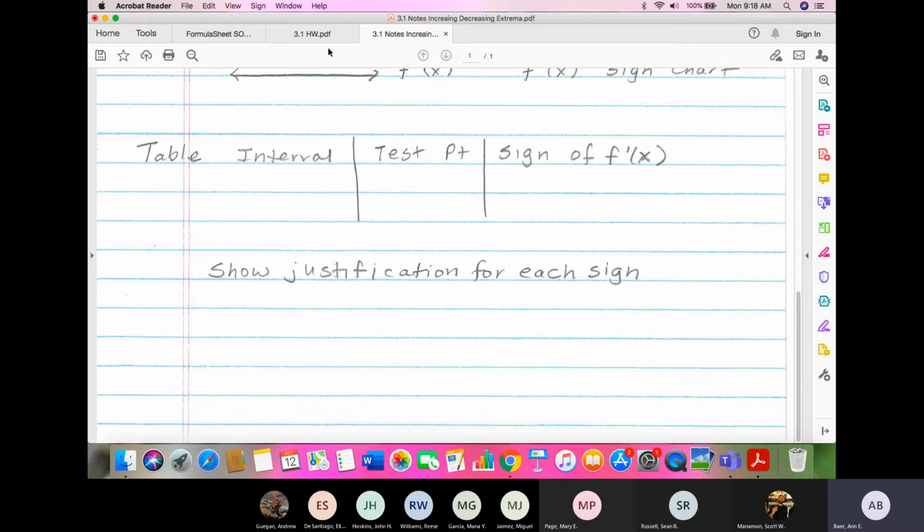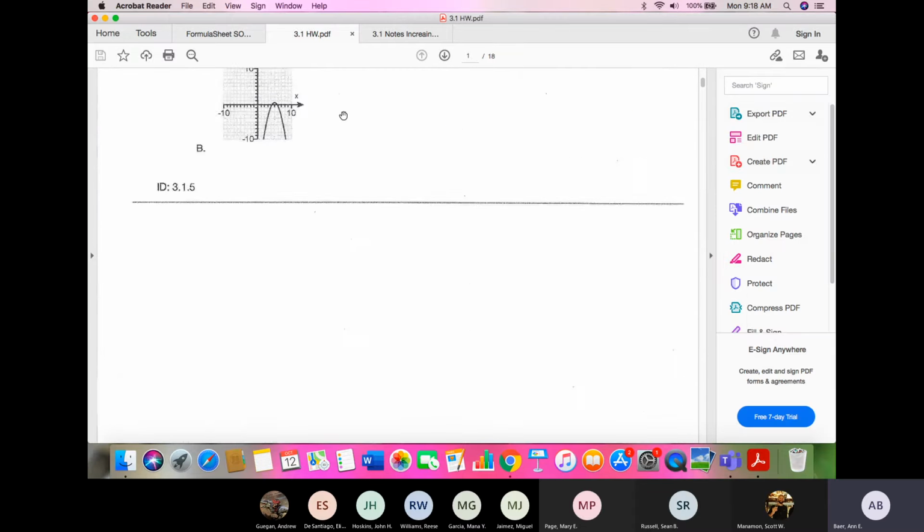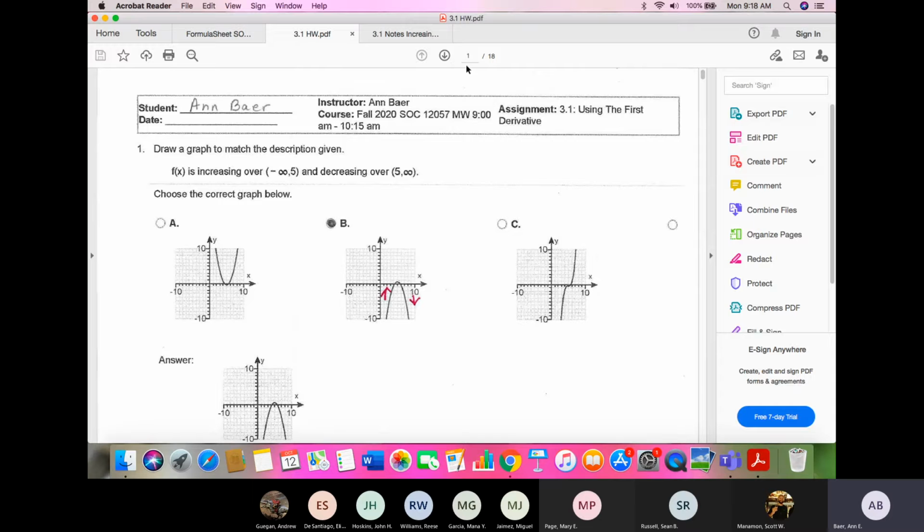So let's take a look at the homework. It is a jam-packed homework. If you can see, there are 18 pages. I'm so glad that my new flatbed scanner came and I set it up on Saturday so I could have access to it.